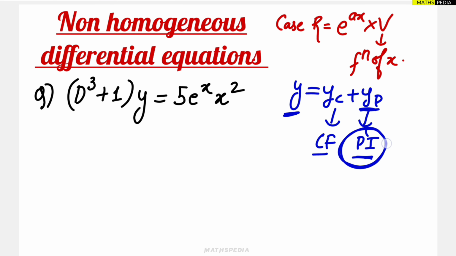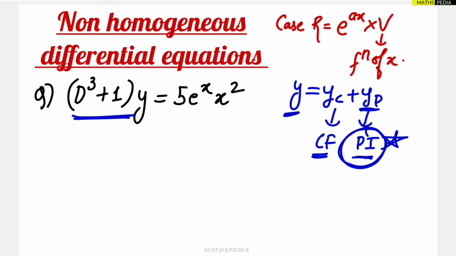So this is very important, right? So to find PI, we have different cases. For those particular cases, how to find PI is very important, because finding CF is quite easy. It is the same procedure for all the questions, because it considers only the LHS part. So let us first find the CF value, then we'll find out PI, then we'll combine both to get the answer.